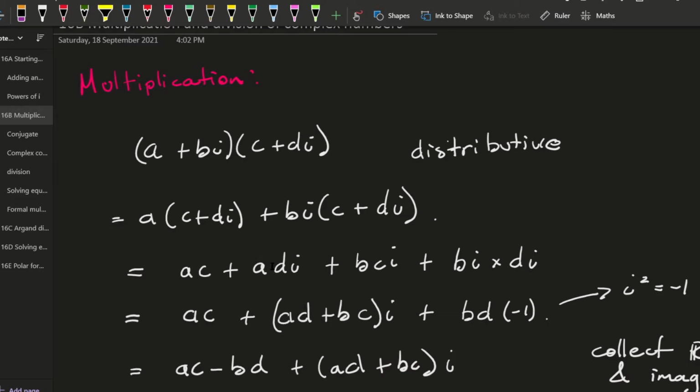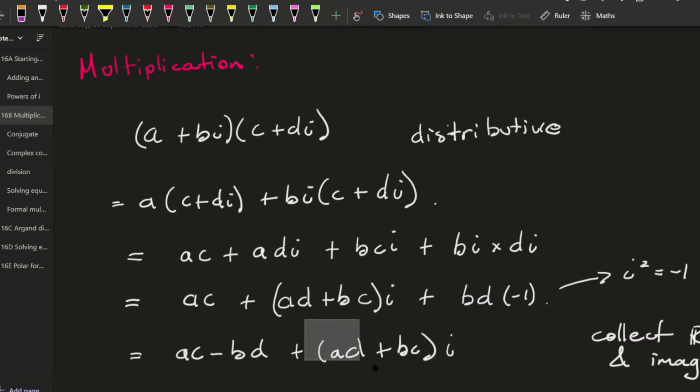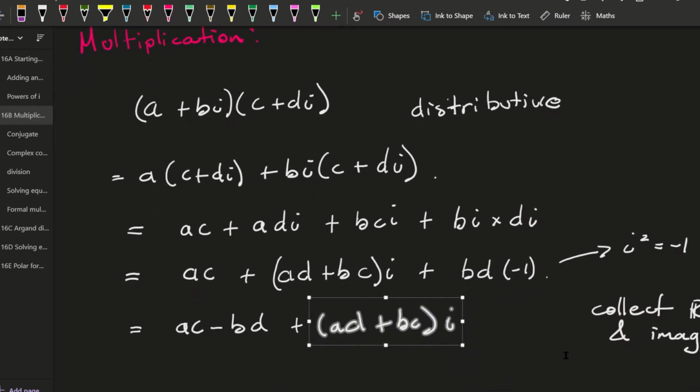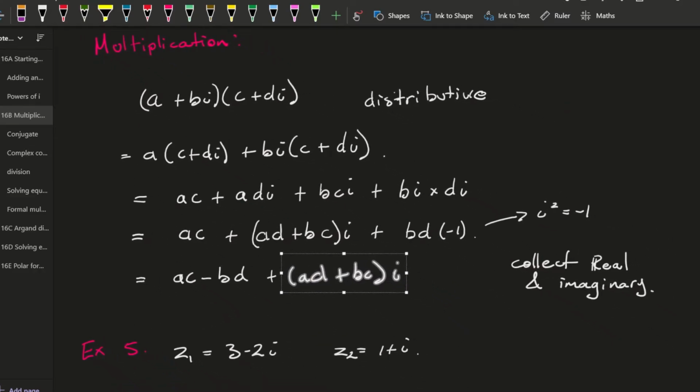So I've got my ad and bc times i, so I've separated them out here. Now, because this has the -1, as we said, we collect everything together and we're left with the real numbers here and the coefficients of i here. Okay, so we just collect the real and imaginary terms. Okay, and we're left with another complex number.